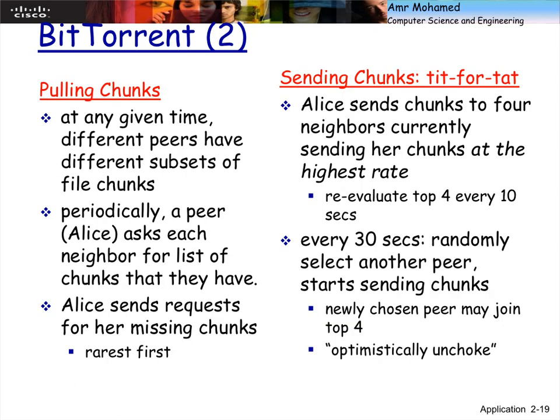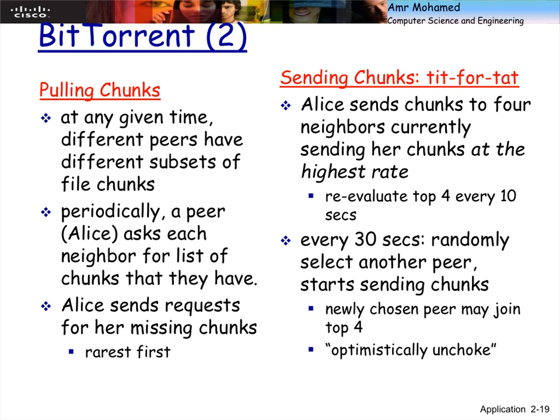Okay, so there's pulling chunks and sending chunks. Pulling chunks is based on the fact that at any given time, different peers have different subsets of the file's chunks. So periodically a peer, let's say Alice, asks each neighbor for the list of chunks that they have.